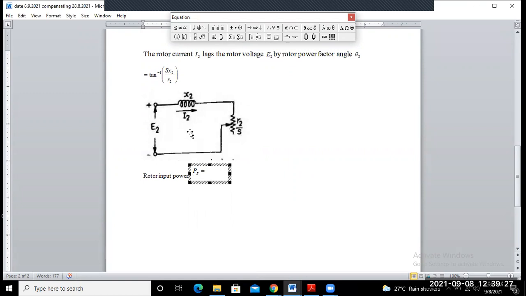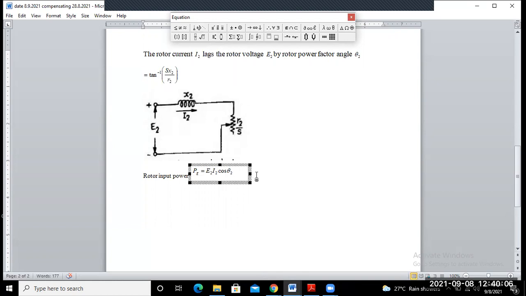Your voltage value is E2, and current is I2, into cos theta 2. So this is the total power input to the rotor circuit.